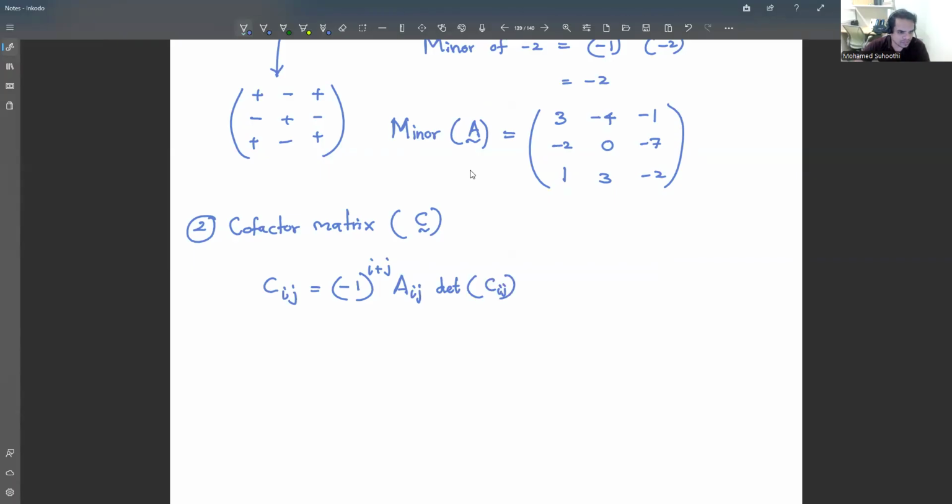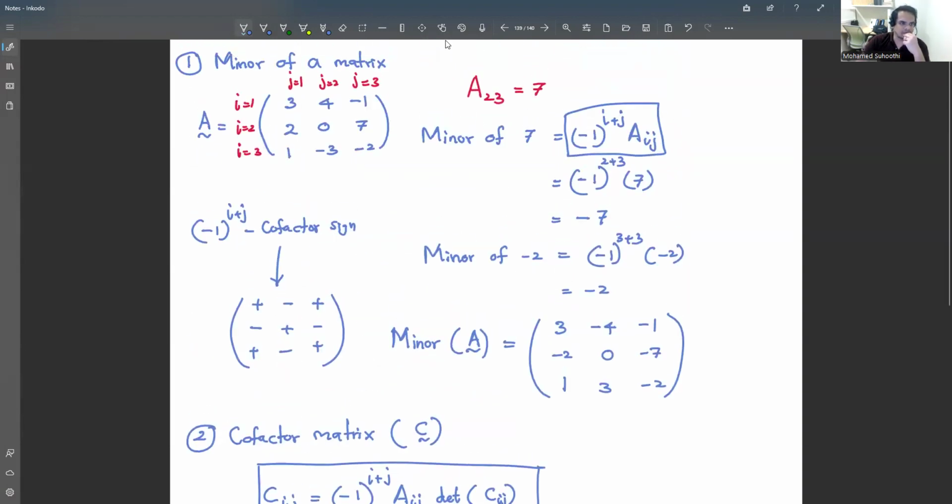So this is the cofactor matrix. Let me take the same example and bring it here.